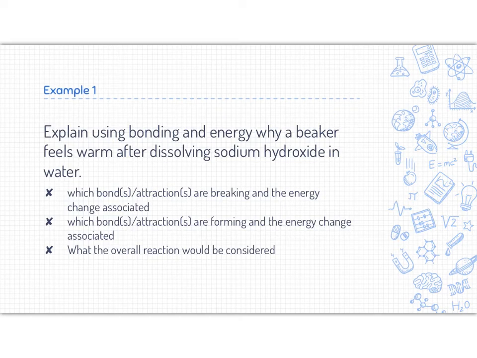Okay, so let's use all of this information to explain, using bonding and energy, why a beaker feels warm after dissolving sodium hydroxide in water. Our surroundings, the solution, are getting warm. If that's the case, we must have an exothermic process. We note that we are dissolving sodium hydroxide, an ionic compound, into water, our solvent.